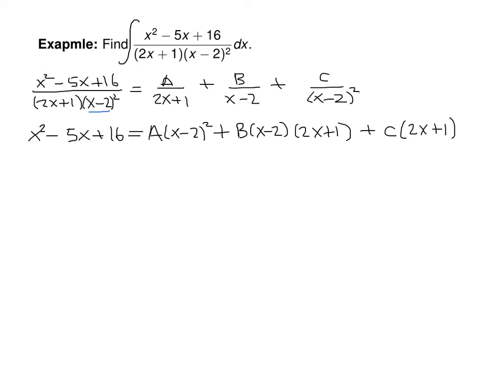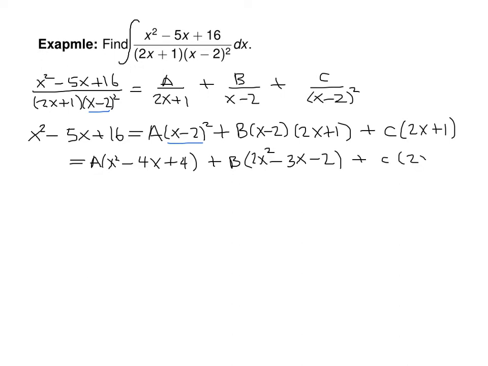So now expanding that out, we'll have a times, and what you have to remember is that x minus 2 squared is not x squared plus 4. It is x squared minus 4x plus 4. And then plus b times 2x squared minus 3x minus 2.